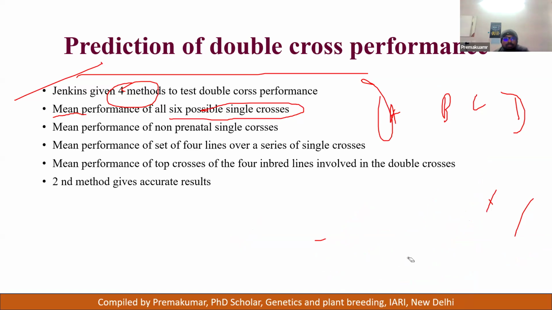Another method is called the mean performance of non-parental single crosses. It is the most used.